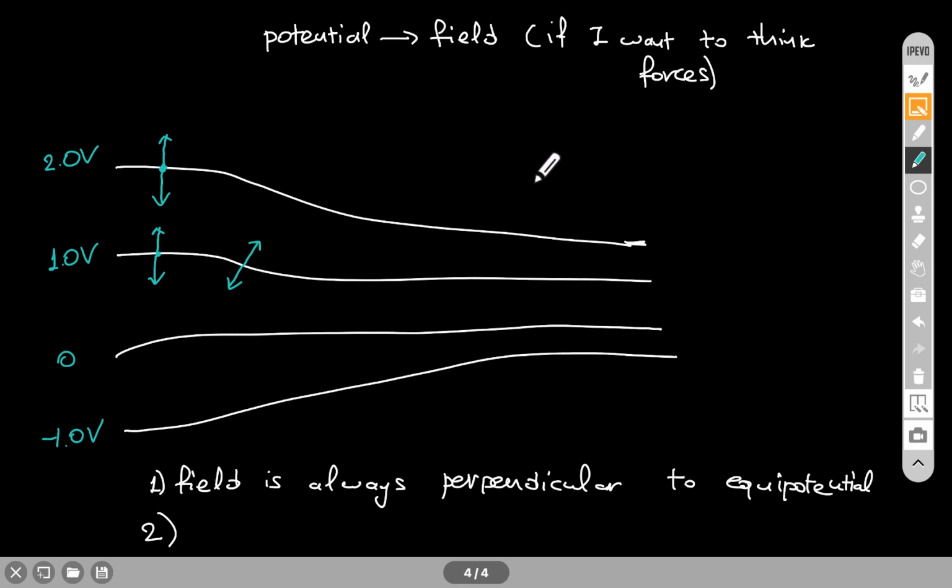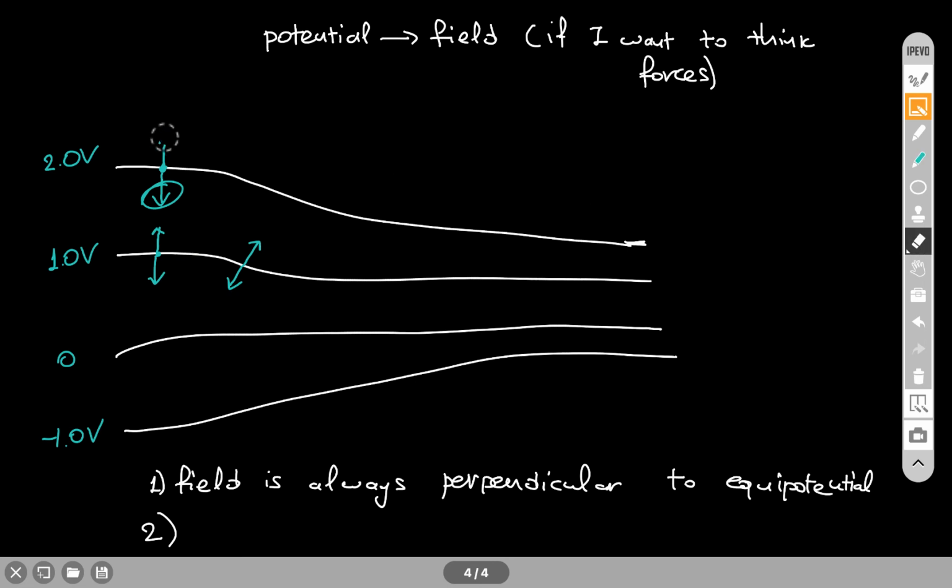I want to remind you from a previous video that I talked about determining fast the sign of delta V if you know the electric field. What I showed you back then is that if you move in the same direction as the electric field, the potential decreases. Now look here. In which direction is the potential decreasing? From 2, 1, 0, minus 1. So the potential is decreasing that way. And for me to decrease potential, I have to move in the same direction as the electric field, which means this is my electric field, not the other one.